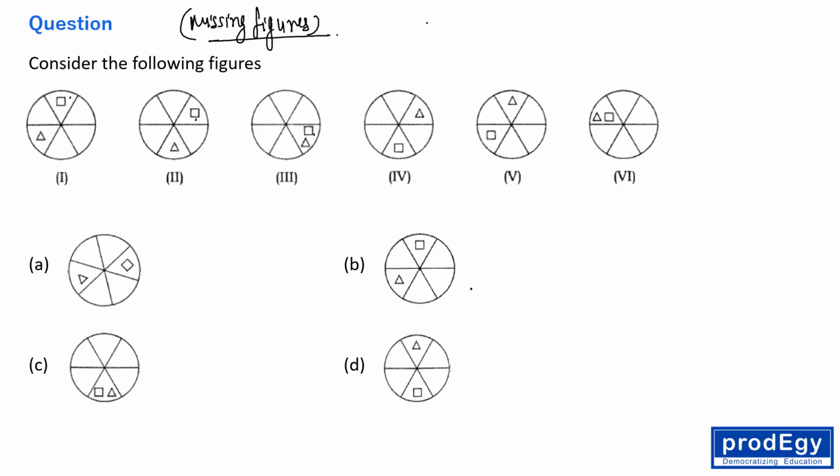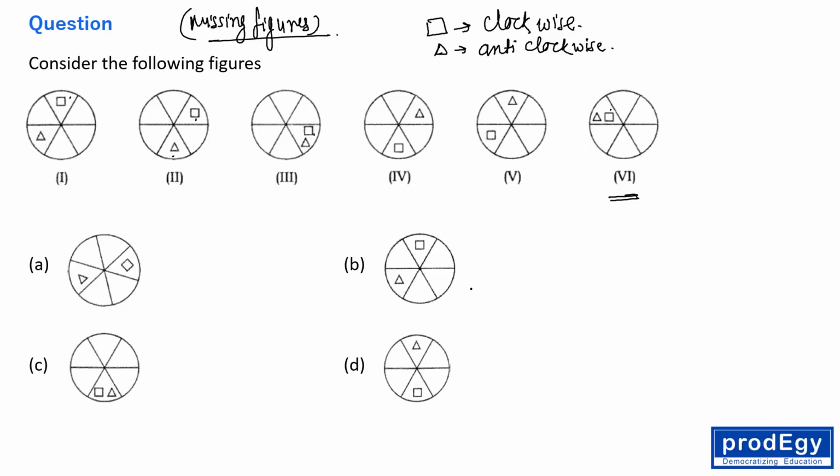So the square is moving in clockwise direction. And the triangle is here, then here, then here, then here. So the triangle is moving in anti-clockwise direction. That's it.